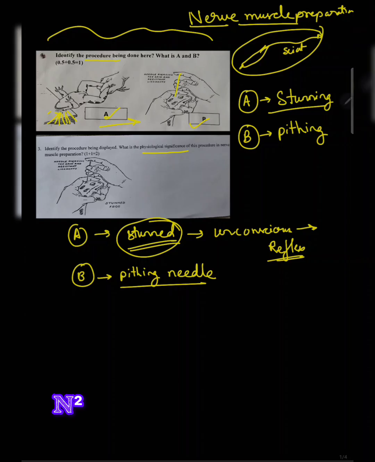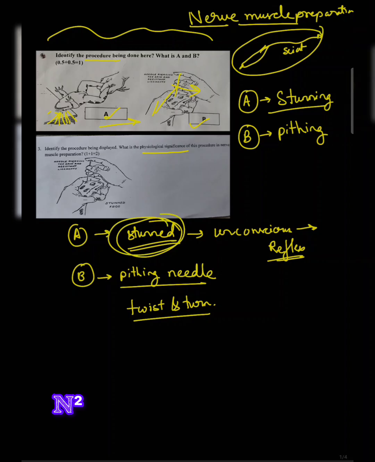We first go forward and try to destroy the whole brain, and then we go backward and try to destroy the whole spinal cord of the animal. We give some twist and turn and completely destroy the brain and spinal cord. This is the step.